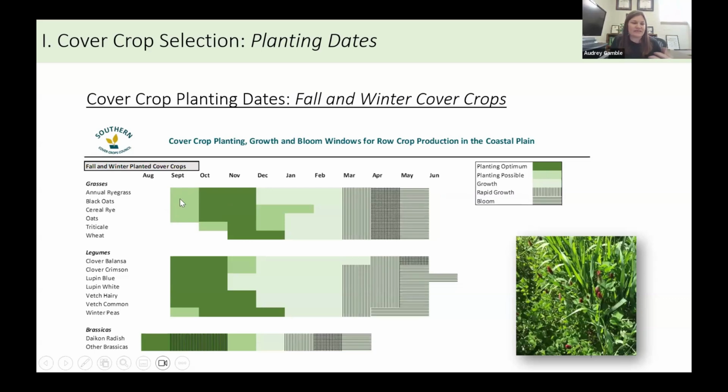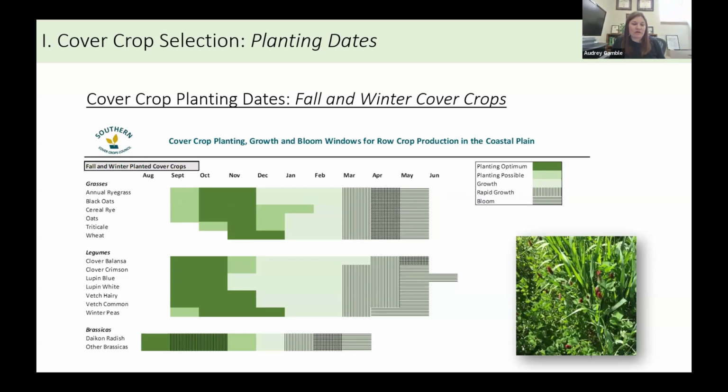For example, if we're interested in planting cereal rye, we want to try to get that planted in the October, November timeframe. If we start pushing into December, we can still get some growth, but it's going to be a little more risky, and we may not get the desired amount of residue and the desired establishment that we want out of that cover crop.